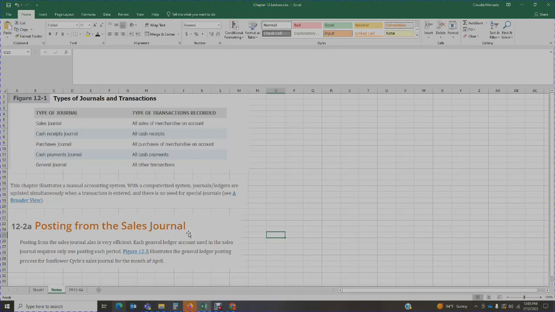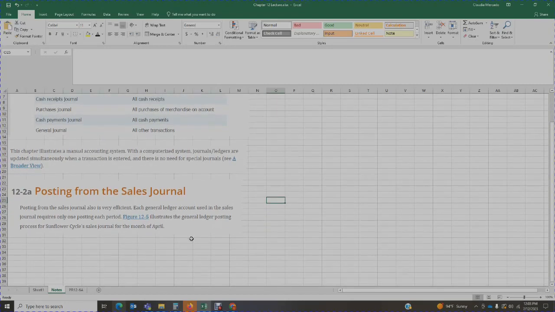In this particular problem that I'm going to be going over with you in a moment, we're going to be dealing with sales journals. We're going to illustrate how much simpler it can be to accumulate data and then just do one transaction at the end of the month. It's going to be more efficient.